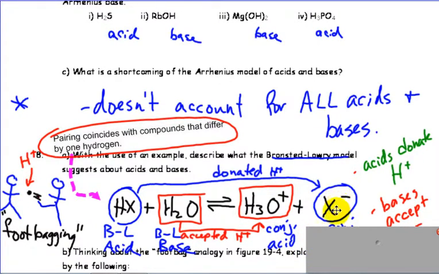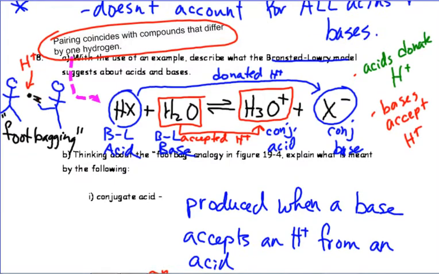And X, going from right to left, X became HX, it received an H, so it behaved like a base. It accepted an H, so it's the conjugate base. So the reactants on the left-hand side we refer to as BL acids or bases, and on the right-hand side, if we're going in reverse, conjugate acids and conjugate bases.